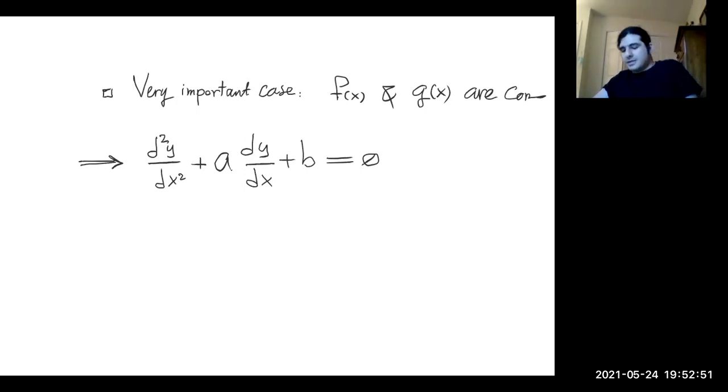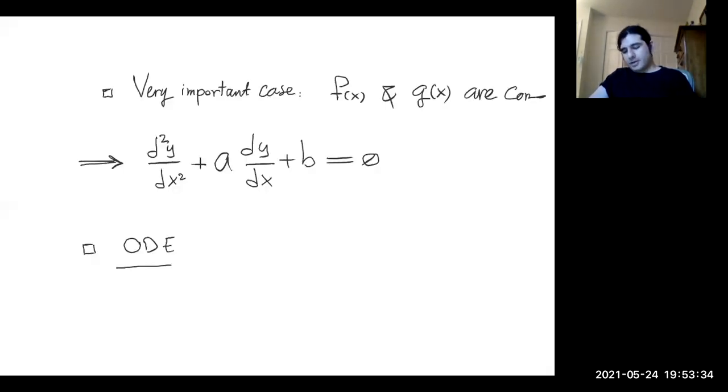Before solving this example, let me just tell you one simple fact and a definition. When we have an ordinary differential equation, ODE, what we have here is the order of the differential equation.